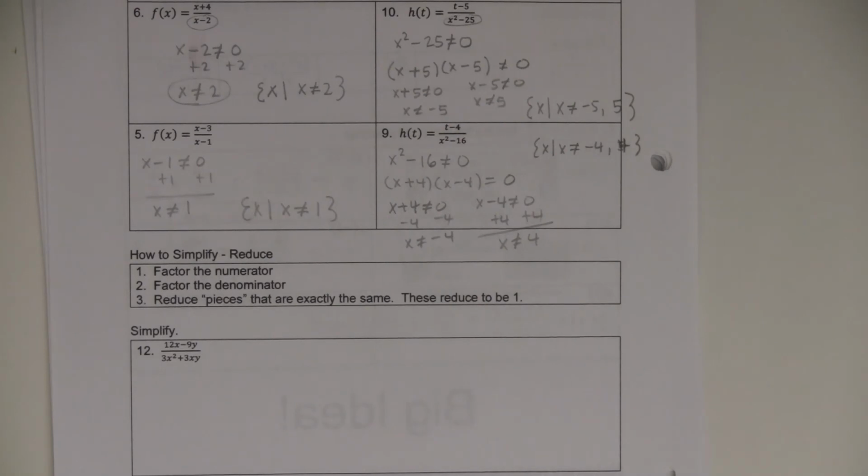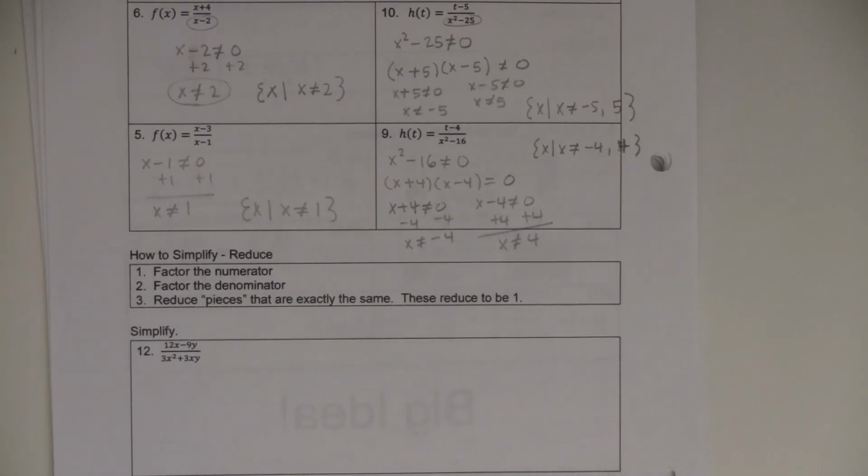And so they would say prime factor the numerator and prime factor the denominator. And then what they asked you to do after you prime factored is you would reduce out pieces that are exactly the same because they would reduce to 1.